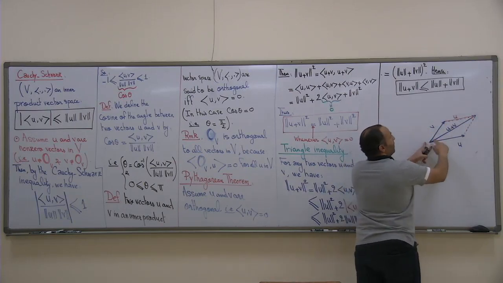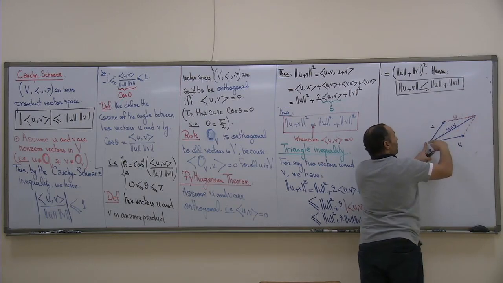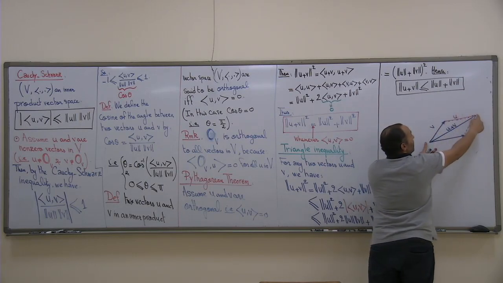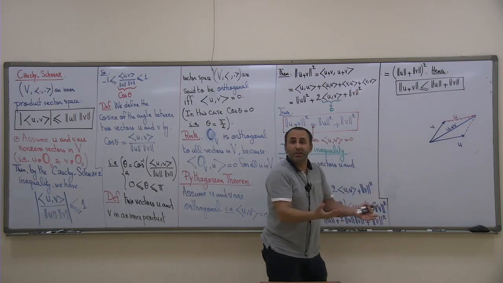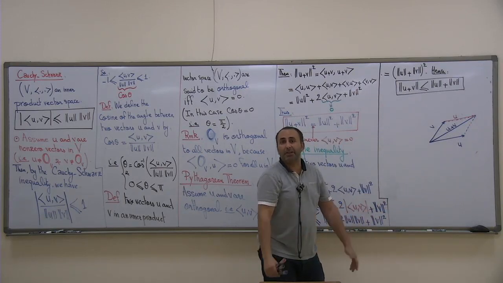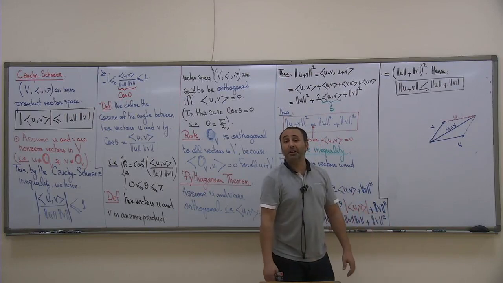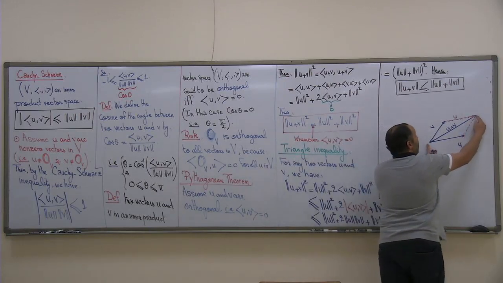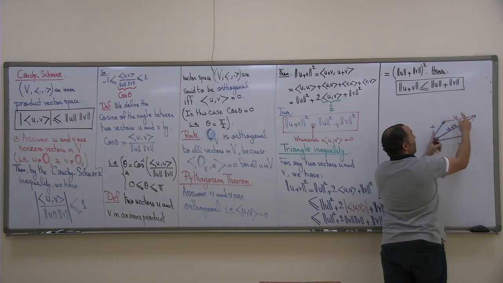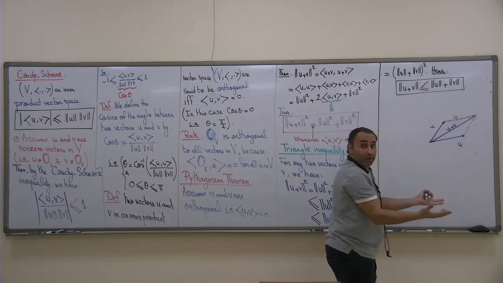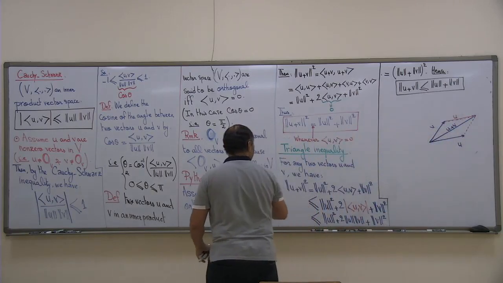Obviously, going from here to here is shorter than going from here to here plus from here to here. That is obvious. This is exactly what the triangle inequality says when you draw it in the xy plane, the normal Euclidean geometry: this length is less than this length plus this length. That is what we call the triangle inequality.